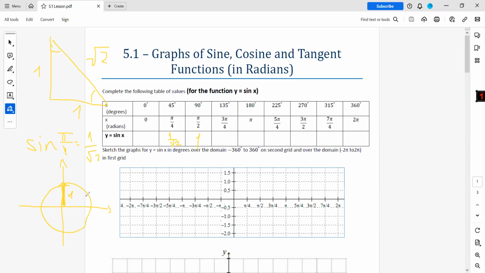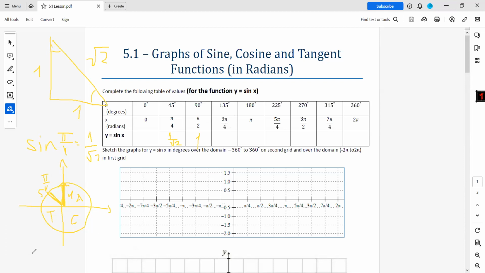Then 135 degrees, which is in the second quadrant. And here it's best to remember the CAST rule, C-A-S-T, which says that in the second quadrant, the only function that is positive is the sine function. So for the sine function of 3 pi over 4, remember, how do we convert it?